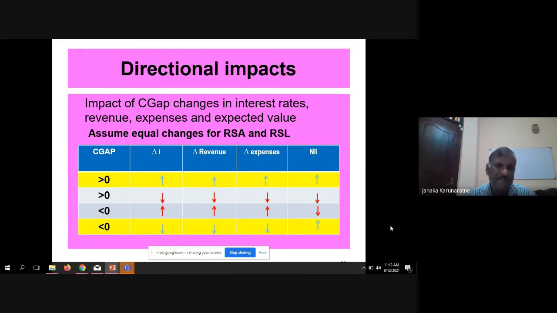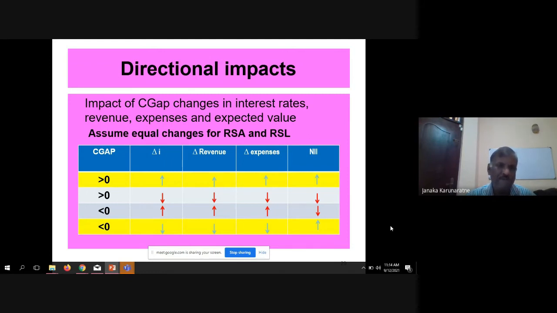So if you look at a positive cumulative gap, and the interest rate change is also positive, that means revenue goes up, expenditure also goes up, but there is a positive net interest income impact.